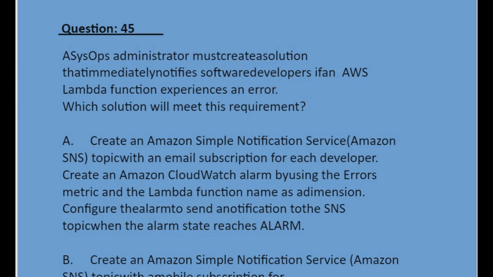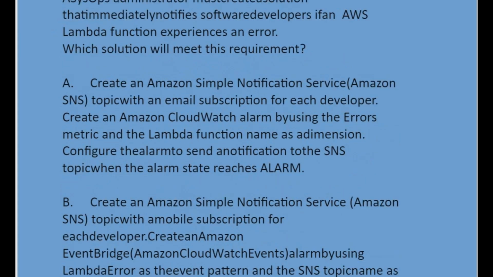Question is, a SysOps administrator must create a solution that immediately notifies software developers if an AWS Lambda function experiences an error. Which solution will meet this requirement? Option A, create an Amazon Simple Notification Service (Amazon SNS) topic with an email subscription for each developer.